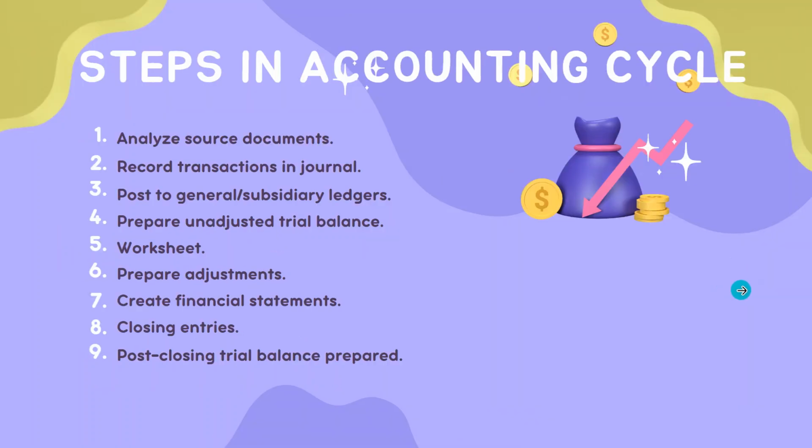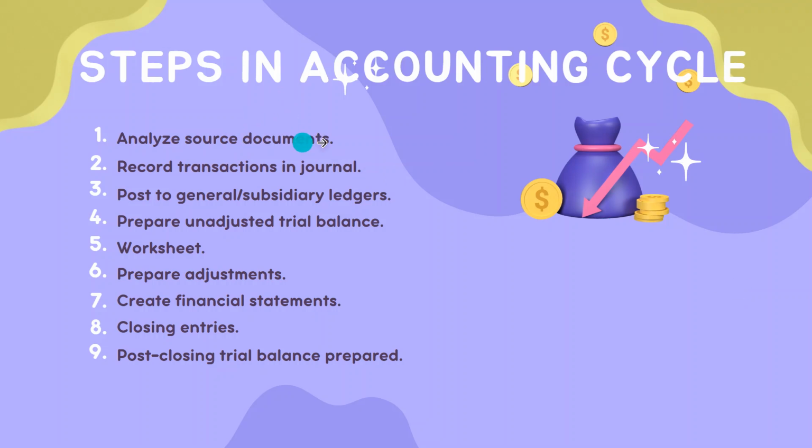Okay, make sure you understand the steps in the accounting cycle. It's logical. You're going to get the source documents, your checks, your invoices, if you don't have one, you're going to use a memo, right? Your sales invoice, your purchases invoices.